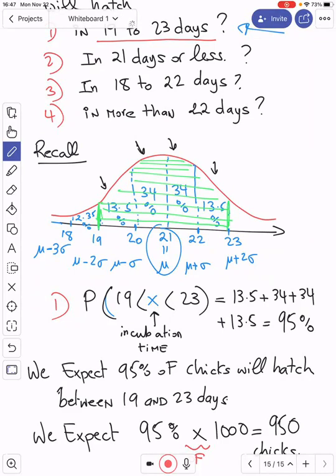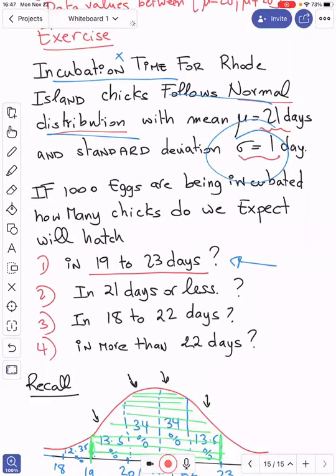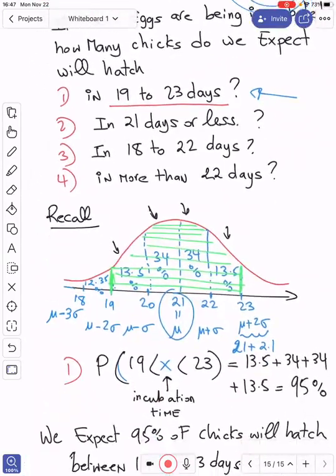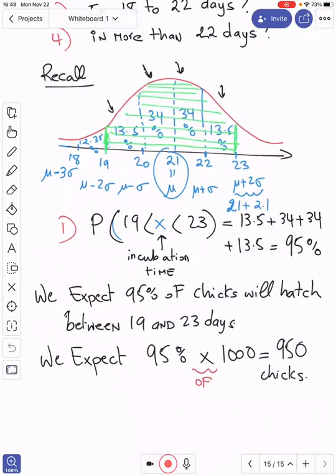It's mu, which is 21, plus 2 times 1. Sigma is 1, right? Mu and sigma are both given. I know mu is 21 and sigma is 1. So mu plus 2 sigma is 21 plus 2 times 1, that's 23. Okay, I get it now. Thank you.